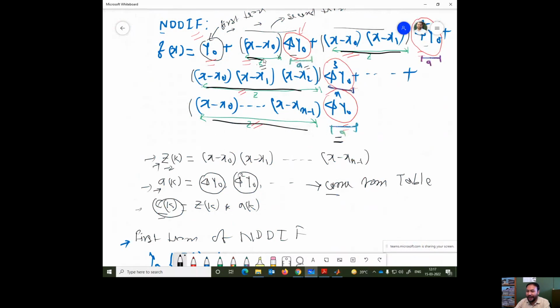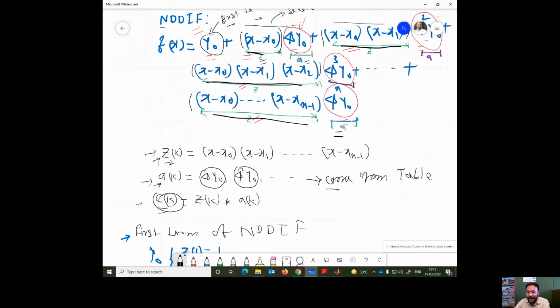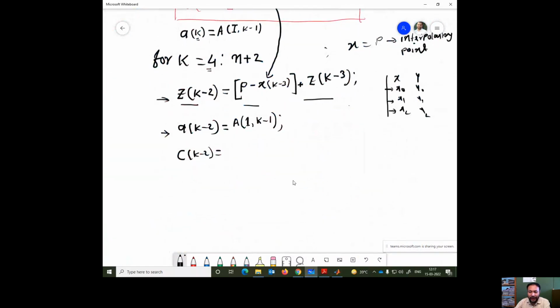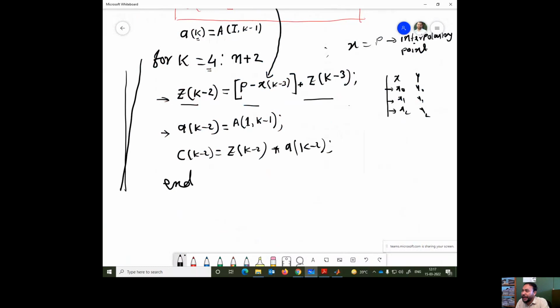This is z, and delta cross y naught is defined by A. It means I can get the value of C(k-2) by multiplication of Z(k-2) into A(k-2). Then I can end this for loop. This is the main thing we need to understand here.